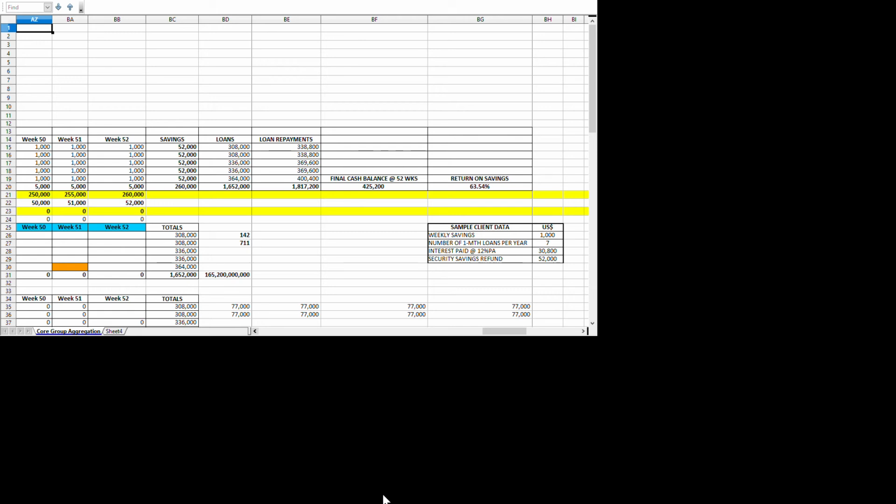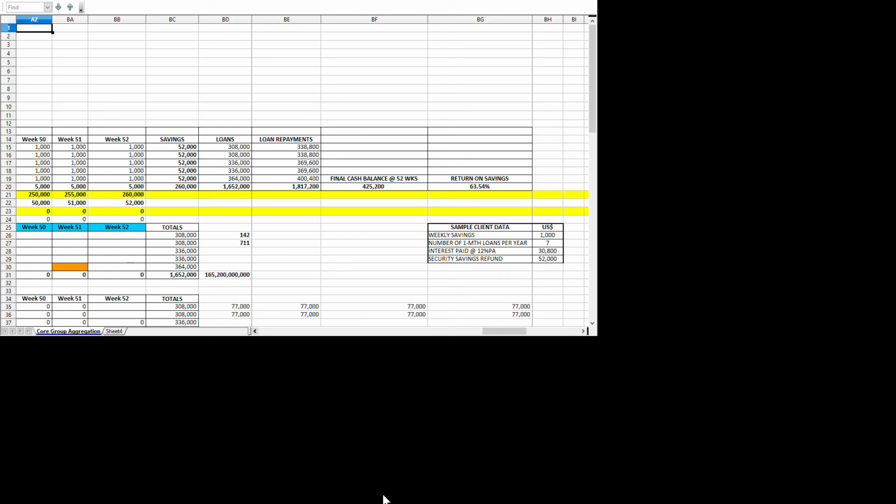So look in row 20. The total savings is 260,000. Total loans that went out, 1,652,000. Total loan repayments that came back in, 1,817,200. So the final cash balance at 52 weeks is 425,200.